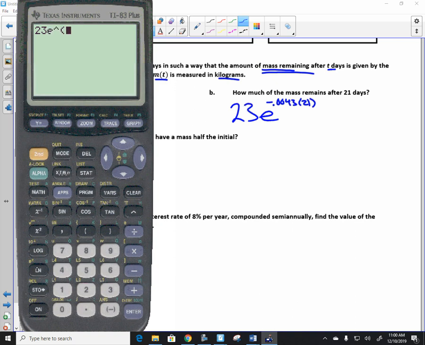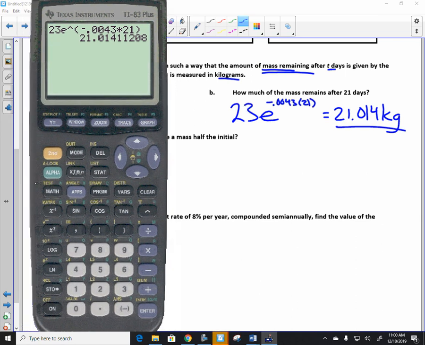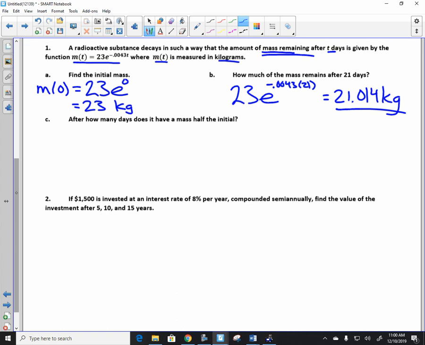Very good. Good job. And then I've got negative 0.0043 times 21. Press enter, I get 21.014. So after 21 days, it's decreased from 23 kilograms down to 21 kilograms. So it's losing its mass.